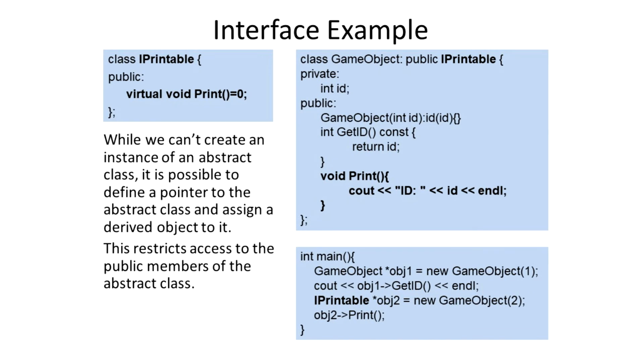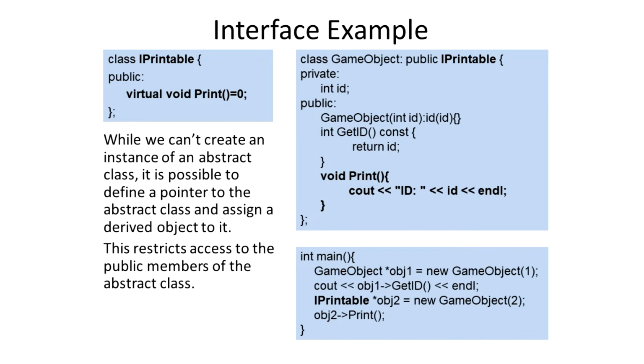Here we see an example of this where we have the class iPrintable, which is the parent, and it also is an abstract class because we see here we've got an abstract function. The assignment of 0 to the print function, also with virtual, is a giveaway there. So remember, even though this is not declared to be explicitly abstract, implicitly, because we're assigning 0, we treat it as abstract.